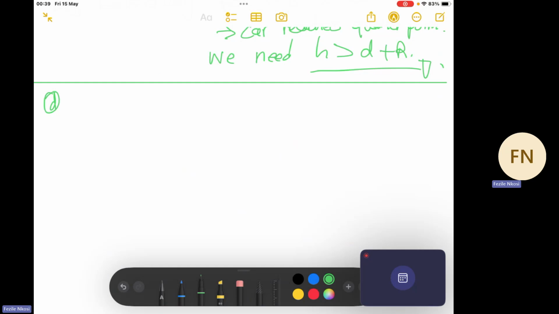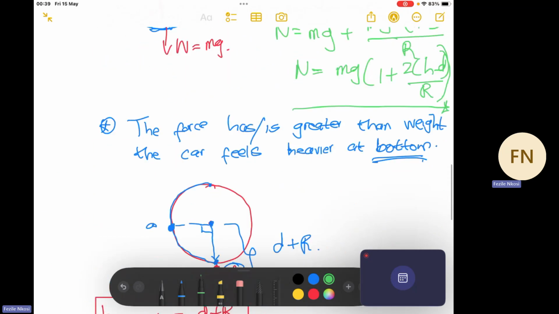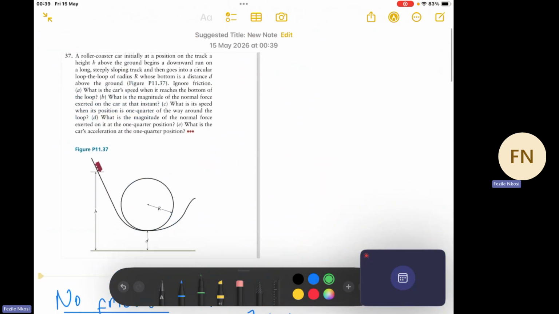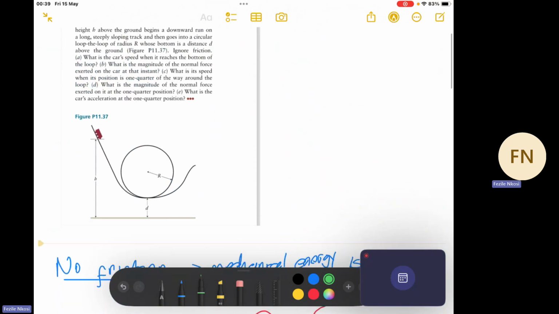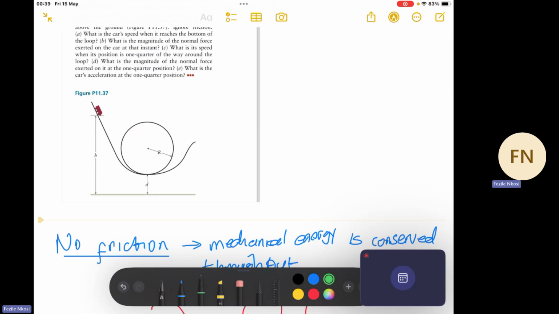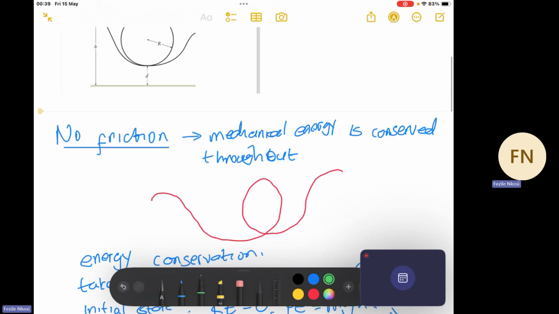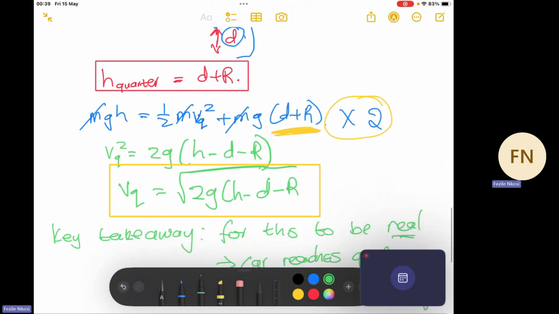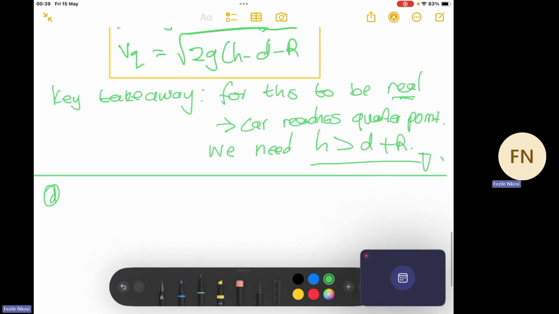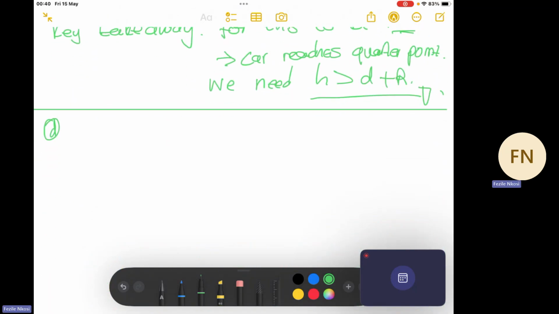So at the quarter position, the car is on the side of the loop. The center of the loop is directly horizontal from the car. Meaning that the centripetal direction is horizontal towards the center.